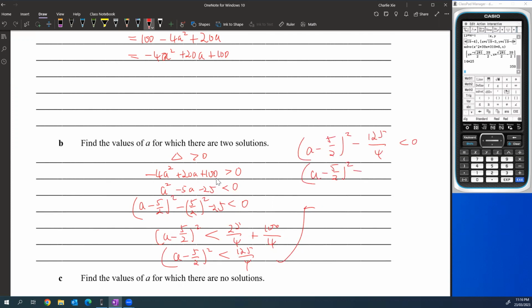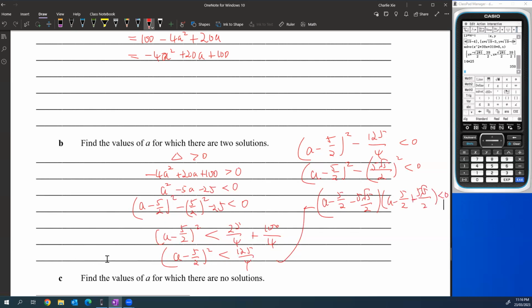So the square root of 125 is the square root of 25 times 5, so 5 root 5 over 2, bracket squared, less than 0. A difference of perfect squares. Then it would be a minus 5 over 2 minus 5 root 5 over 2, times a minus 5 over 2 plus 5 root 5 over 2, less than 0.